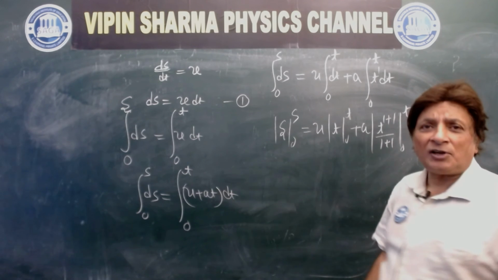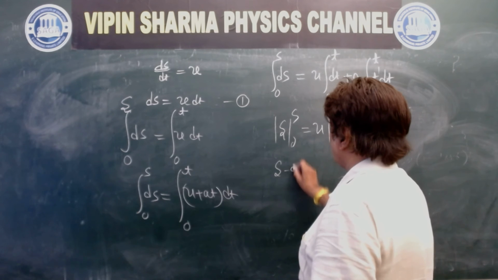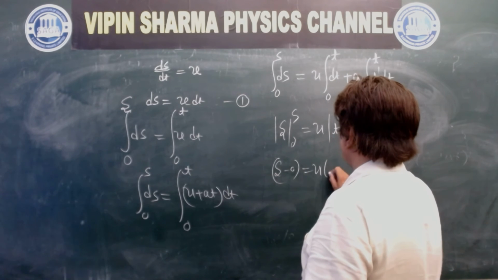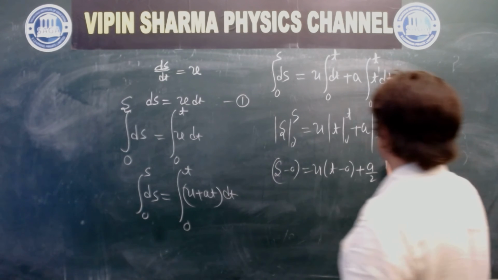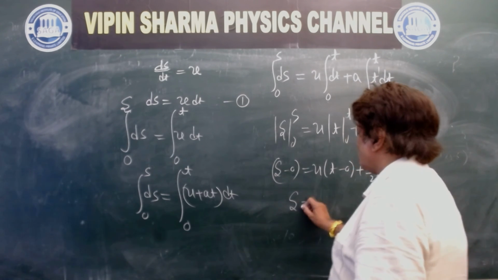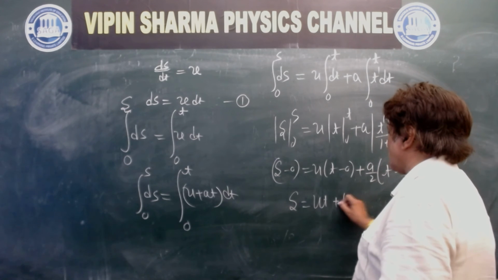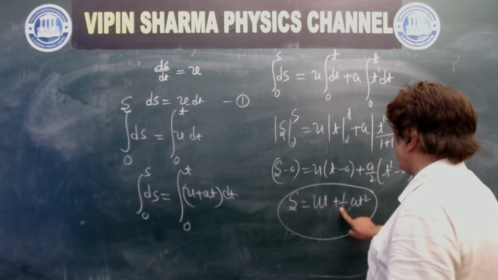If you write just t, it is t to power 1. So upper limit minus lower limit: u, t minus 0, 1 plus 1 is 2, a upon 2, t square minus 0 square. This is s is equal to ut plus half at square.